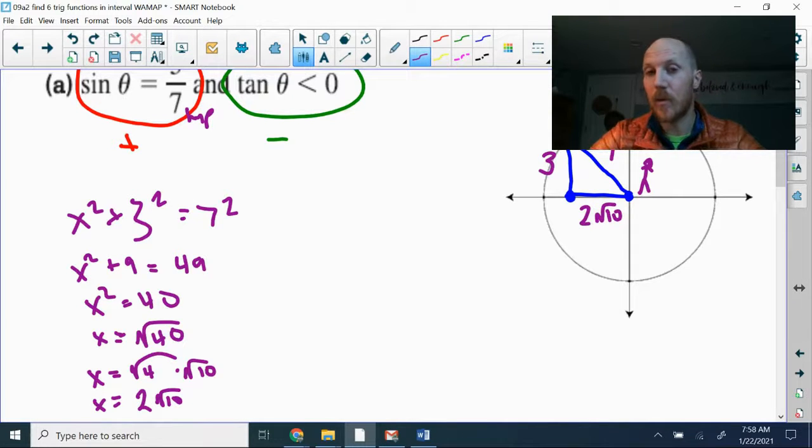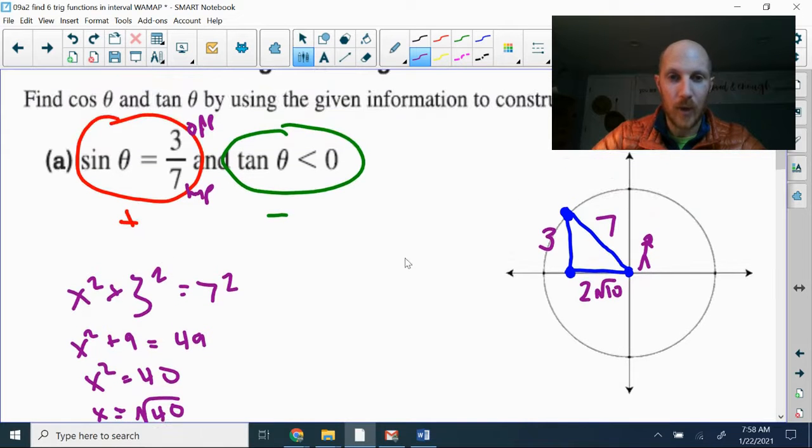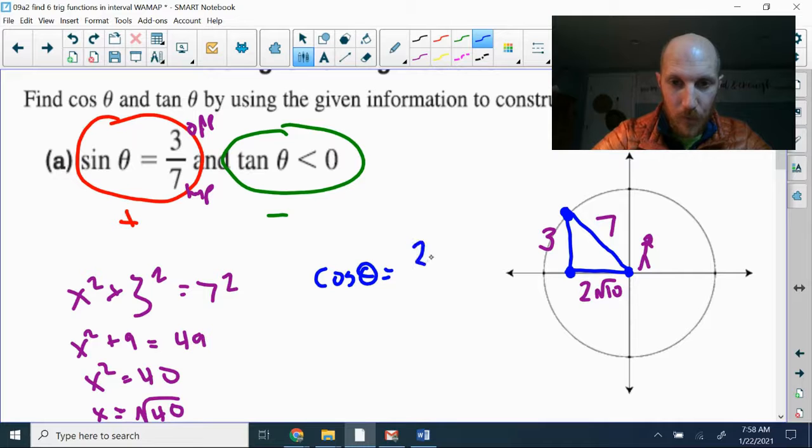And now that I have all 3 side lengths, I can construct the trig ratios that the directions asked me for. So I was asked for cosine of theta. Cosine is the adjacent side over the hypotenuse, and now I know the length of the adjacent side is 2 radical 10. So I'm going to put 2 radical 10 as my numerator.